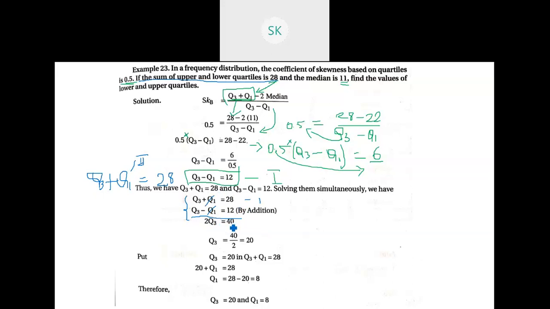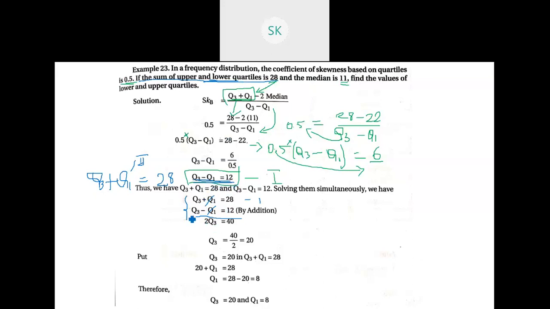I'll just repeat the simultaneous equation part. We have two equations. One equation is Q3 plus Q1 is equal to 28. We got this directly from the question information. The next equation that we have considered is what we found out here: Q3 minus Q1 is equal to 12.